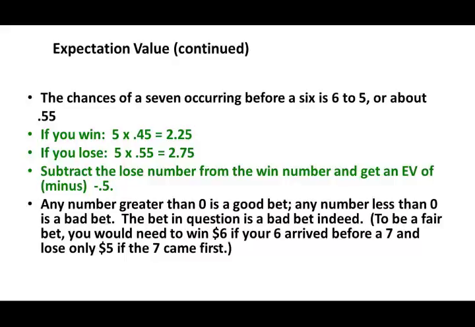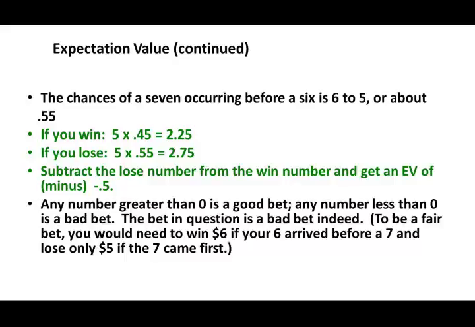Because you take the number of possibilities and it's 6 to 5. Since there are 6 combinations that'll get you a 7 and 5 that will get you a 6, the odds that a 7 will occur before a 6 are 6 to 5, or about 55%, 0.55. Now, if you win, by the way, so then what are the odds that you'll roll a 6 before a 7?